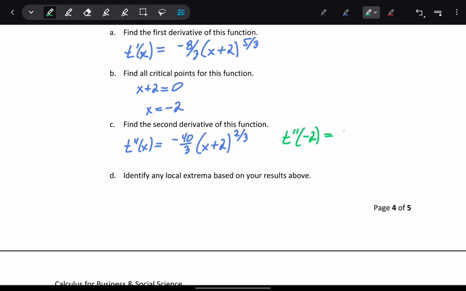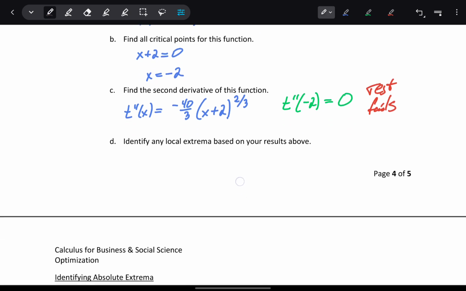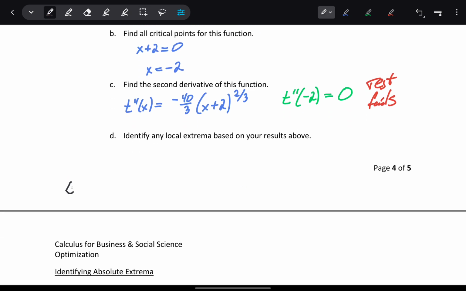So we would get 0 times negative 40/3, or just 0. What that means again is that the second derivative test fails. We're not done with the problem, but we need to do something else to investigate this point and classify it.